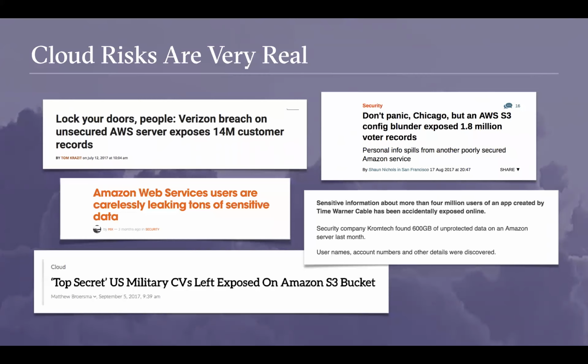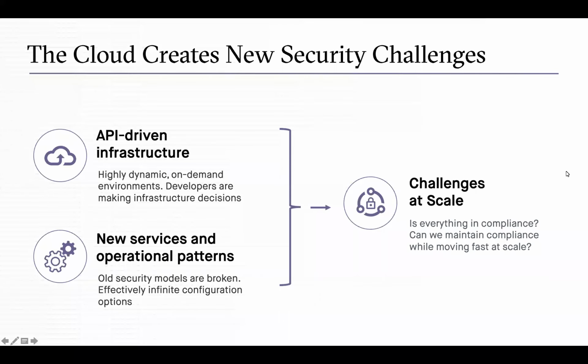Oh, they didn't know what they were doing. Actually, it's really hard to keep track of as many configuration items as you need to on cloud to get things right. Almost impossibly difficult manually. And so what we're going to be talking about is how to get security and compliance into the DevOps tool chain early to avoid these kinds of errors before they ever happen.